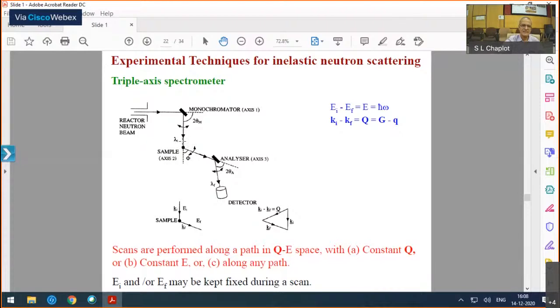It's mostly rectangular, 4 or 5 centimeter in size. With a focusing monochromator, it may be down to 3 centimeters. So the typical beam size is of the order of centimeters.